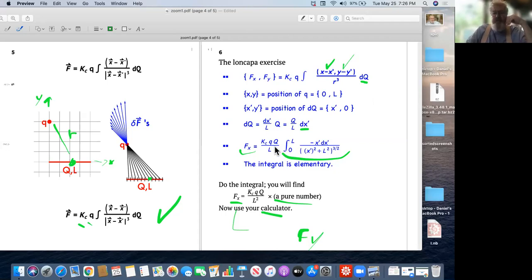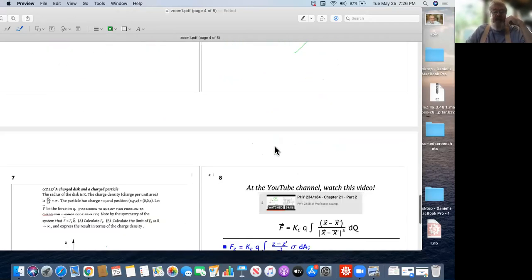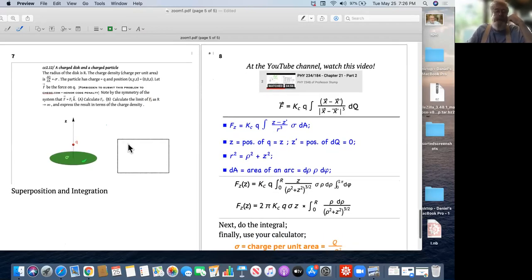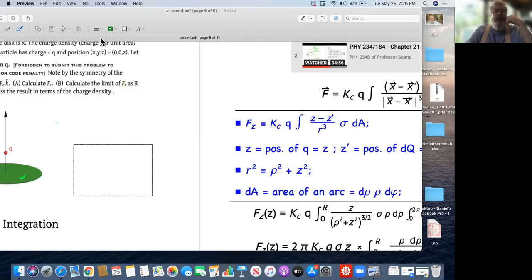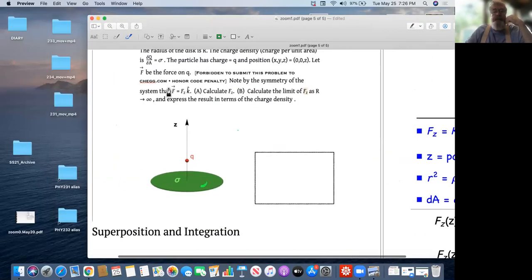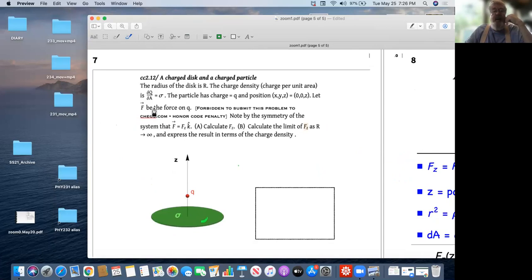All right, well, the last problem is, again, a problem with a charged object. So we have a little point charge here.